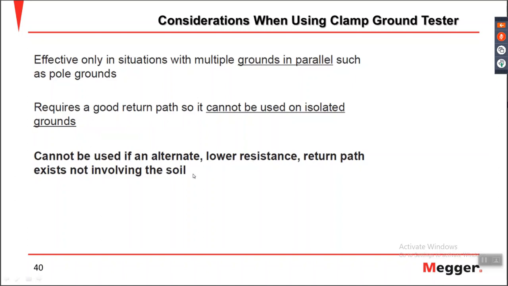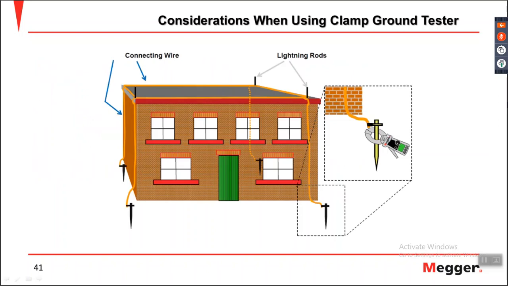What does this explanation mean? As long as you put the clamp on the electrode under test that goes directly to the soil, you will get a correct result, close to the actual measurement. But the problem is if you put this clamp on another electrode that is not connected directly to the soil, for example here, maybe a loop.